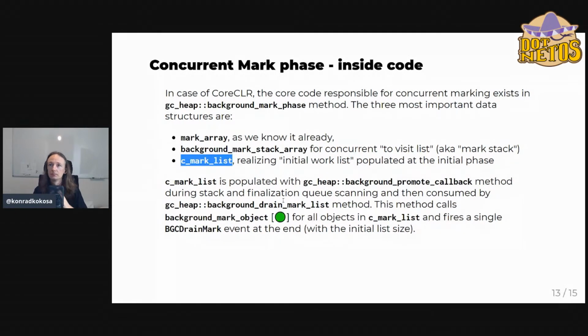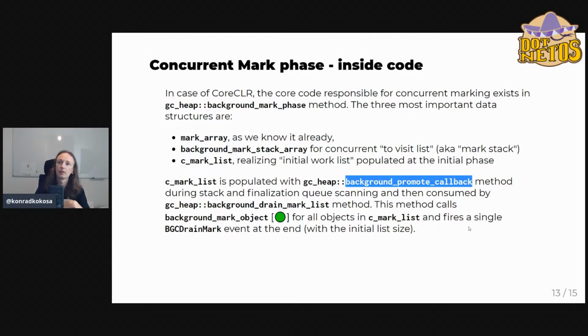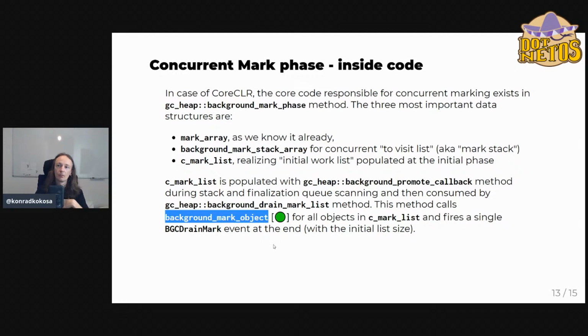And here we will see, for example, that CMark list is being populated in the background promote callback method, which will be called by all the roots discovered from the stack and finalization queue. If you would like to see the marking of the objects, there is the background mark object method that is commonly used during the whole thing. And at the end of this mark phase, you can see emitting this drain mark event that I described to you previously.